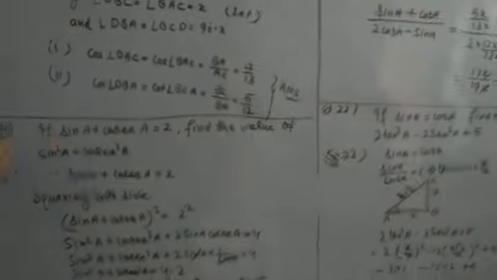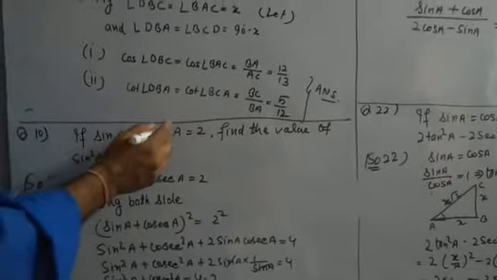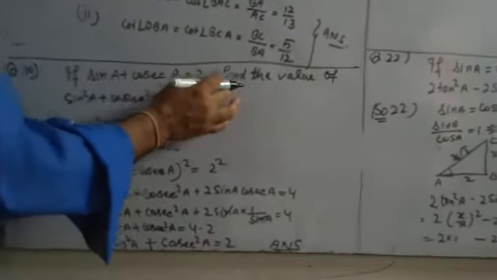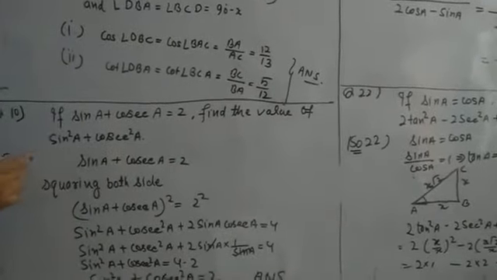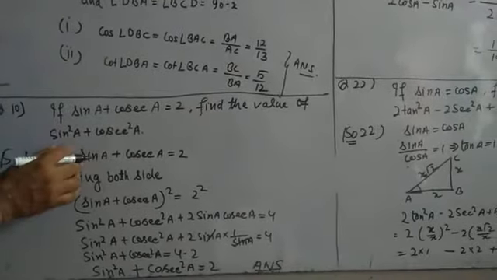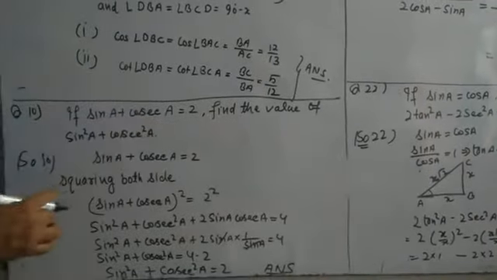Now question 10. If sin A plus cosec A equals 2, find the value of sin square A plus cosec square A. Solution of 10. Sin A plus cosec A equals 2.